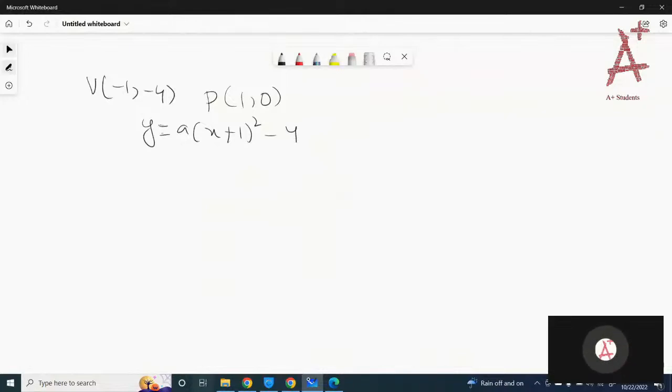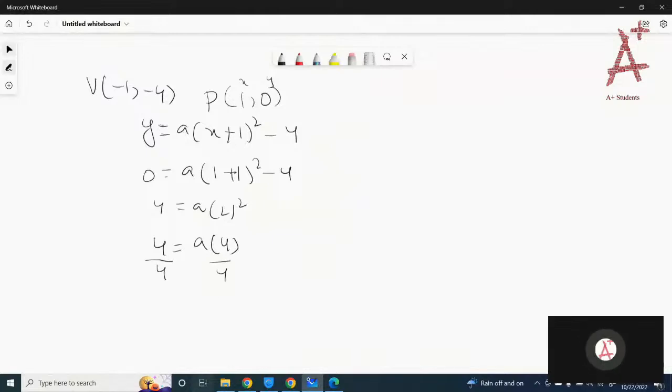Now you can use the point 1 and 0 and find the value of a. It is x and it is y. So 0 equals a (1 plus 1) whole square minus 4. So shift that 4 to the other side, it would be 4 equals a times 2 square. 2 square is again 4, so divide the 4 to the other side, it would be 1. That means the value of a is 1.